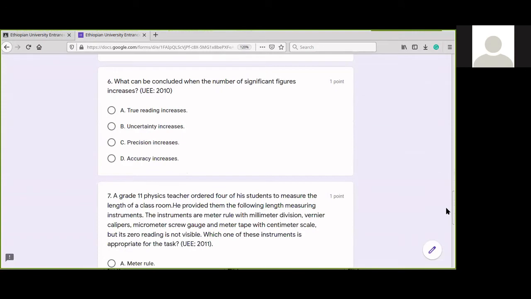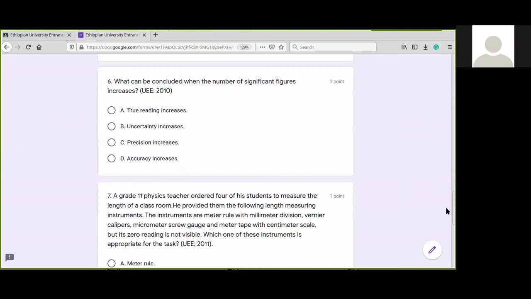What can be concluded when the number of significant figures increases? A, true reading increases. B, uncertainty increases. C, precision increases. D, accuracy increases. D. Accuracy. Accuracy increases.